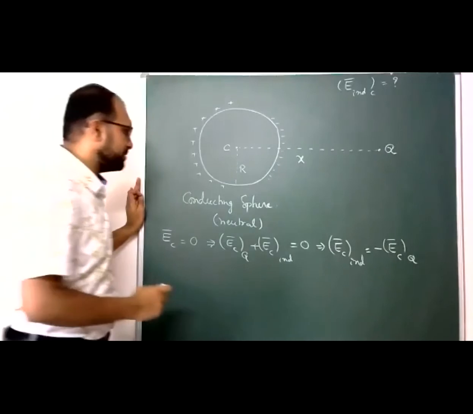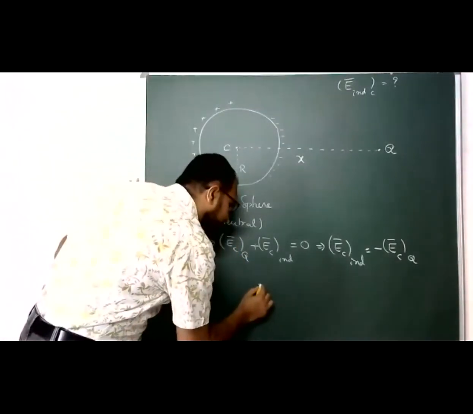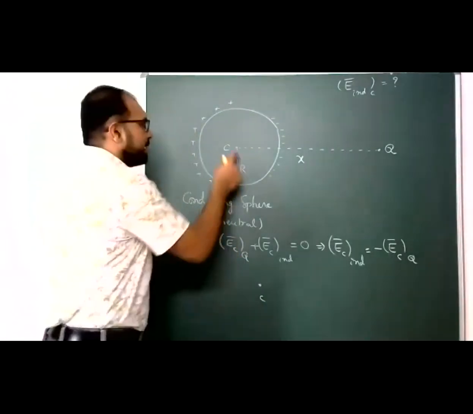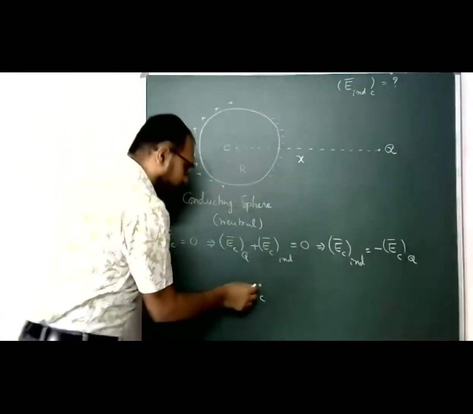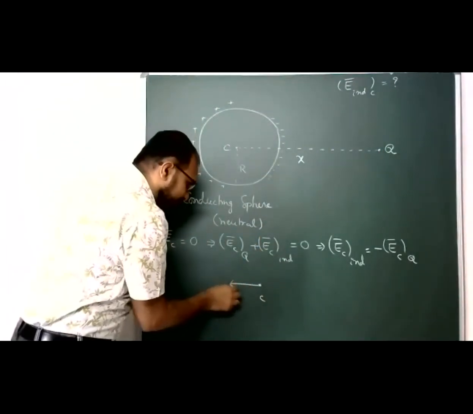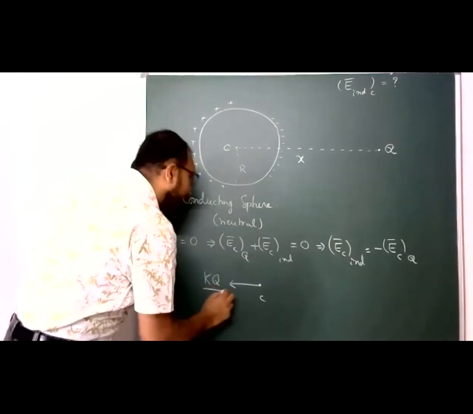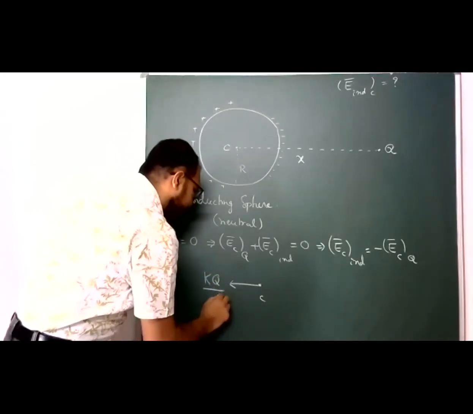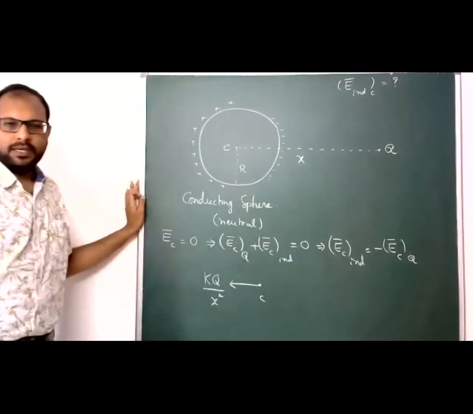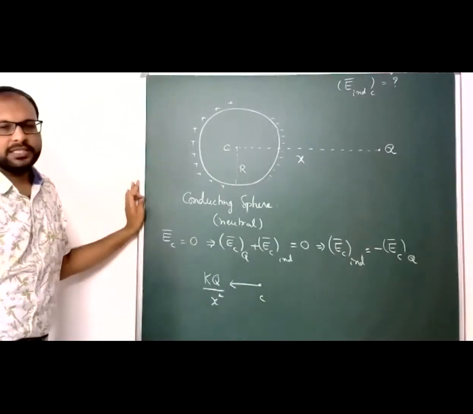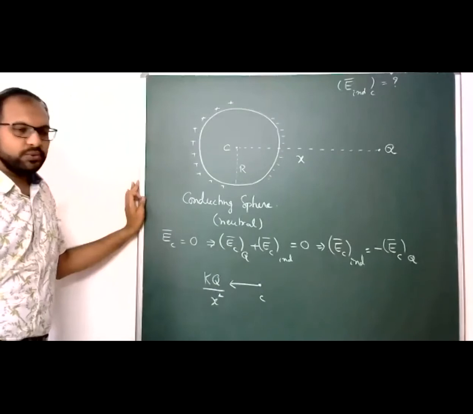For example, students, this is point number C, suppose. Due to this plus Q, electric field this side is there. How much electric field? KQ by X square, no doubt, because that is a point charge. KQ by X square left side.